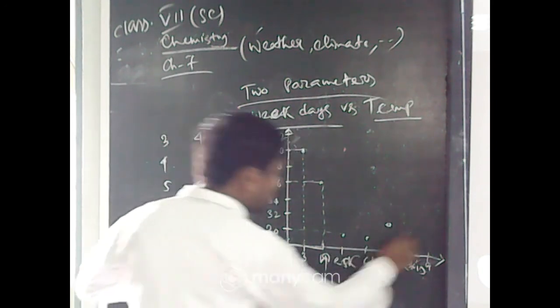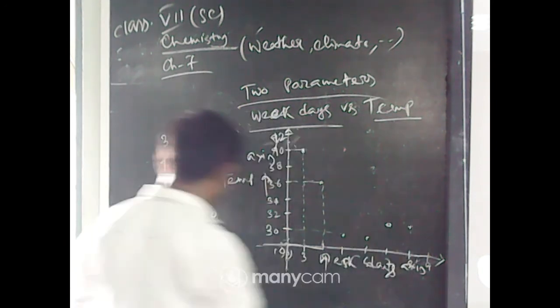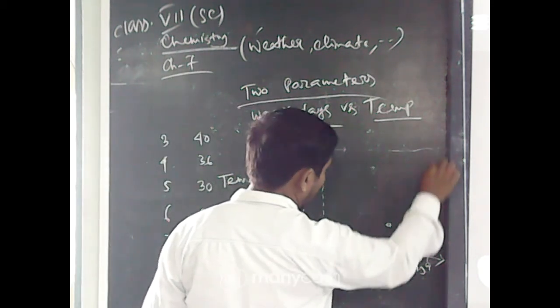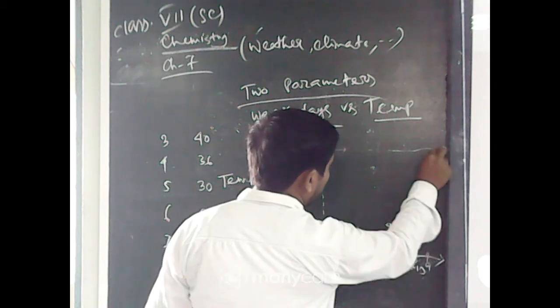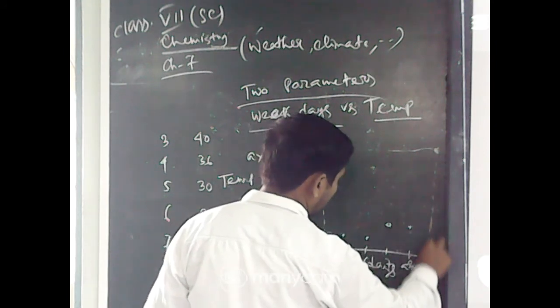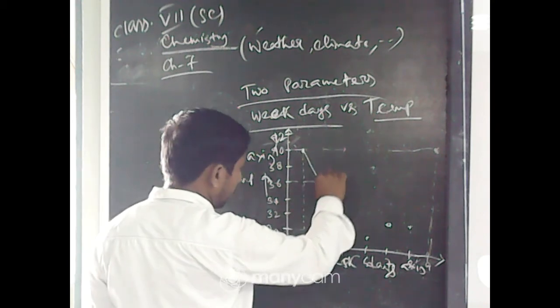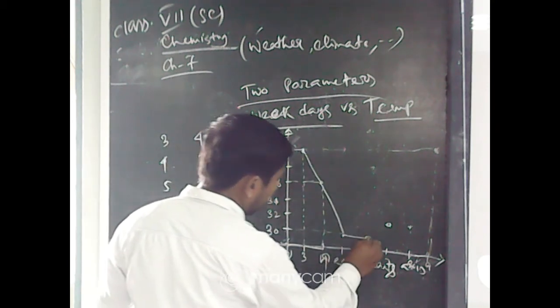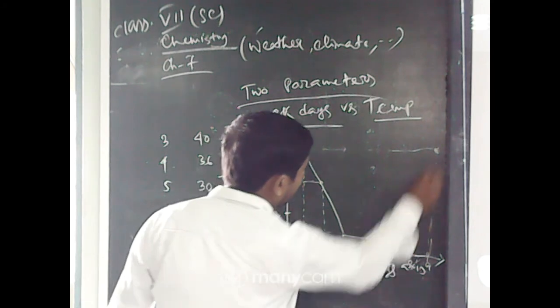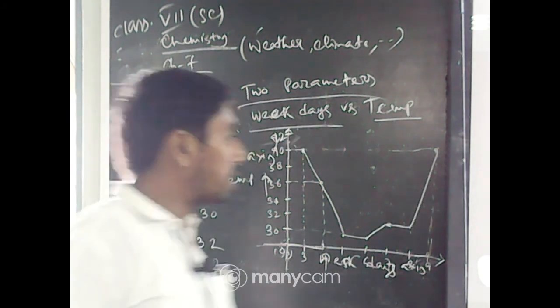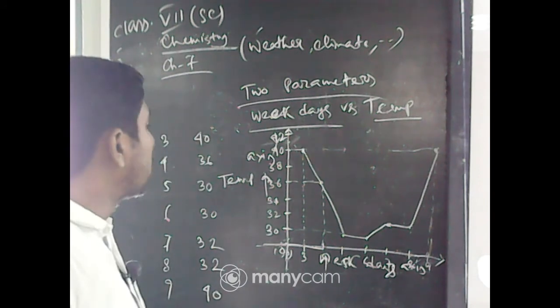Next 32, also here, and then again 40. So, an eye adjustment. Now the curve will be like that. It is showing the average temperature curve of that week.